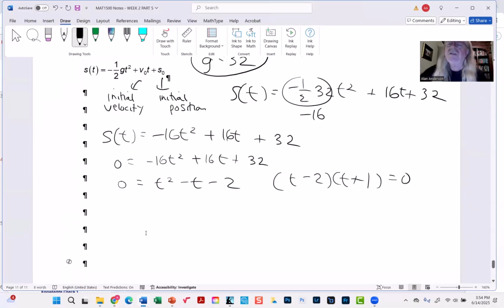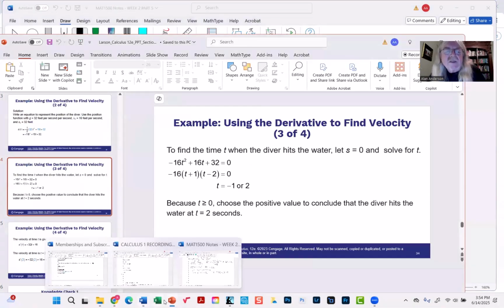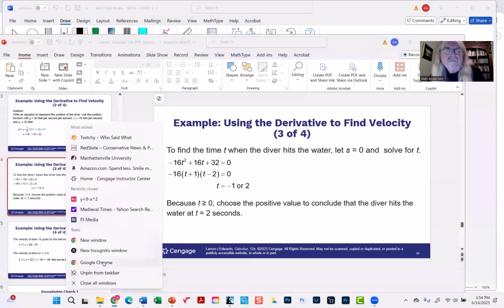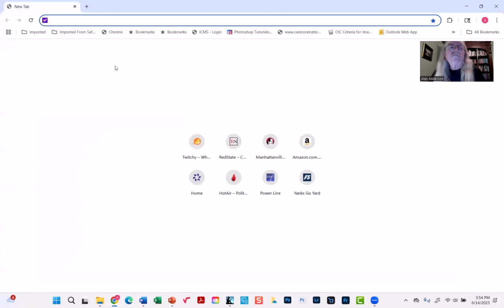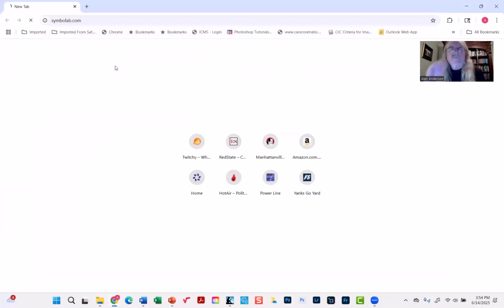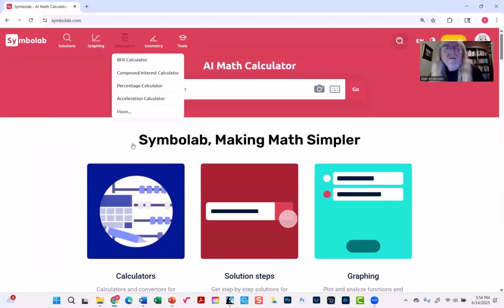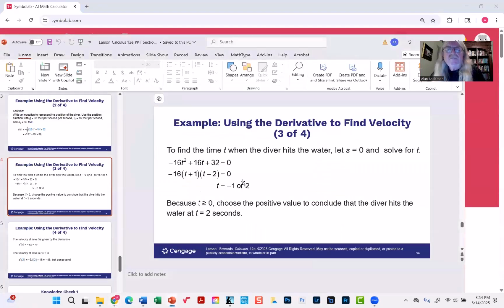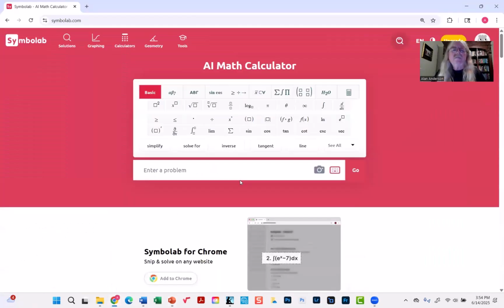In fact, let's put this in Simple Lab and see what it looks like. So again, it is negative 16t squared plus 16t plus 32.